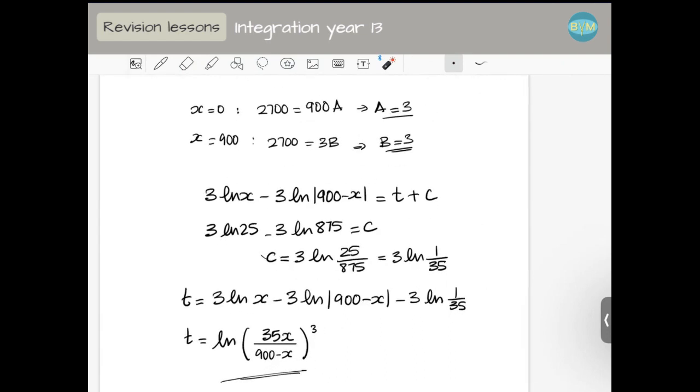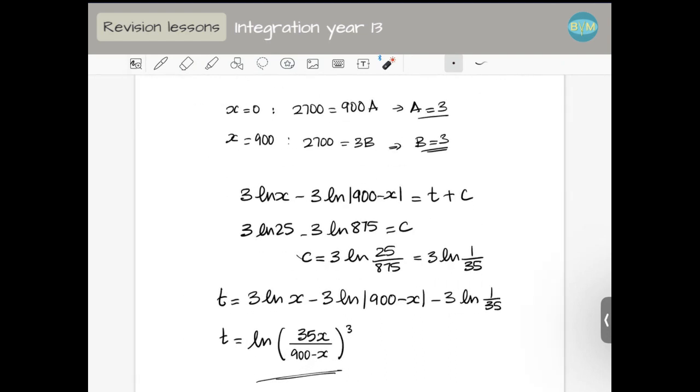It says minus 1 over 35, so would it be in the denominator? Because you're multiplying from top. I can write this one as positive 3 ln 35. Yeah? And that's why I did to have the 35 in the numerator.